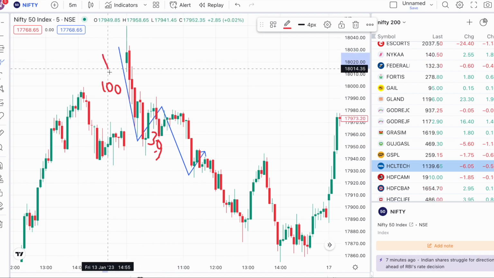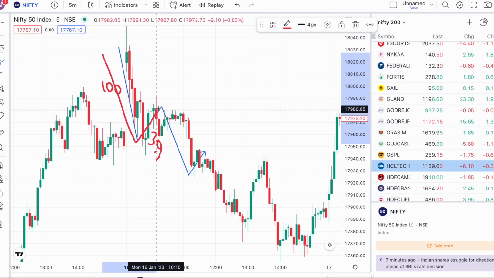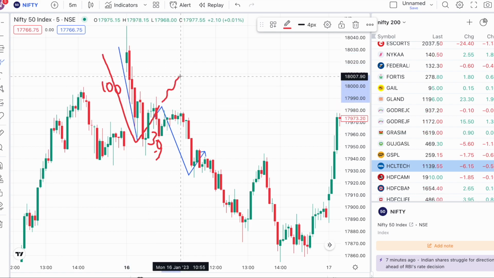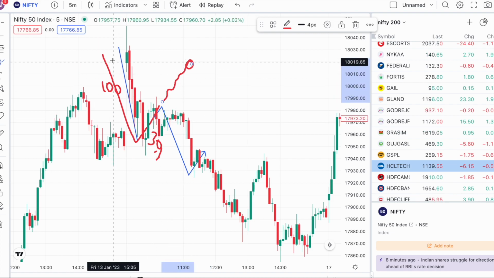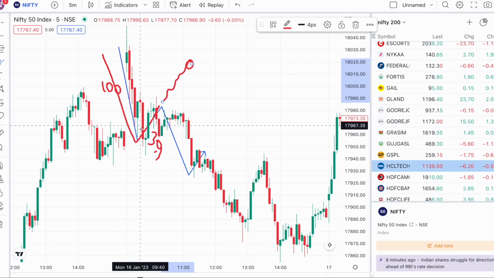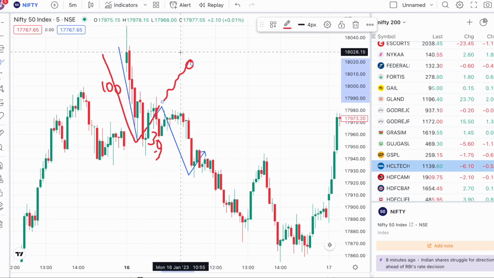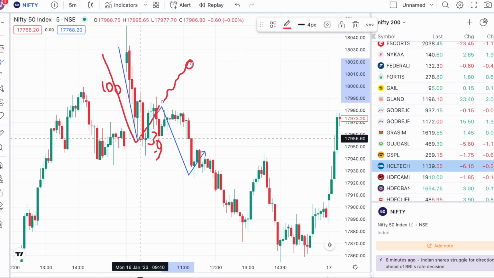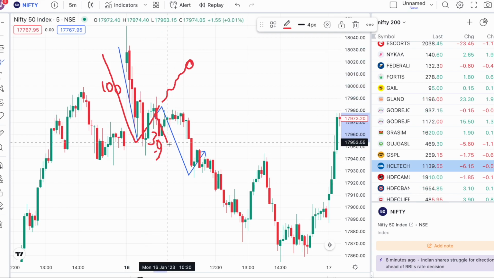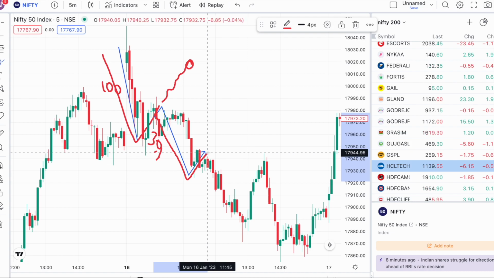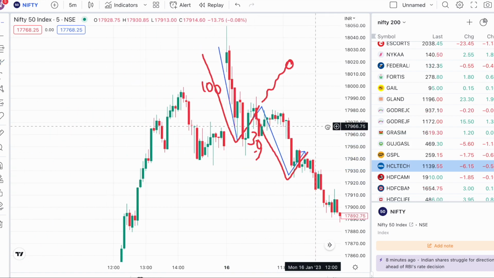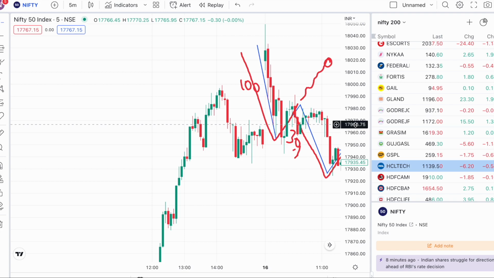So if this is an impulsive move, this is going to be a reactive move. If the candle would have been like this and gone till here, then we'll not consider this as a trend, because there is no combination of impulsive and reactive moves, because there are two impulsive moves from both sides. So this is a reactive move, and again you can see there is an impulsive and reactive move. So at this point of time, we are going to say that a trend has been established.